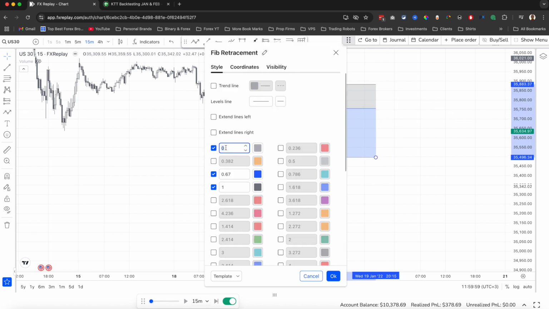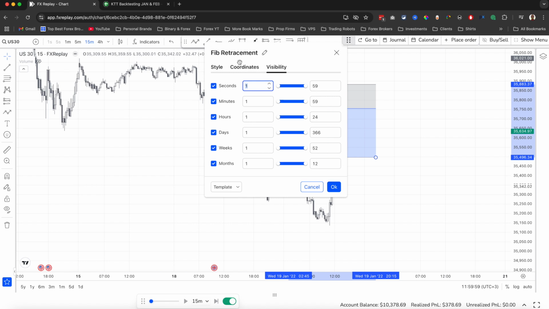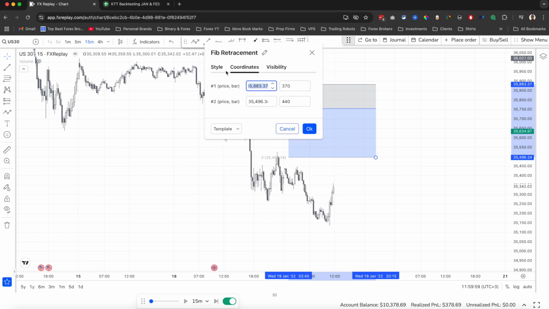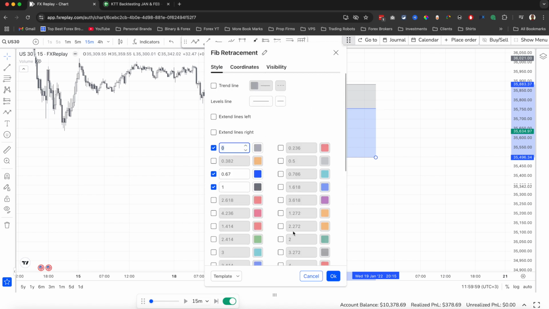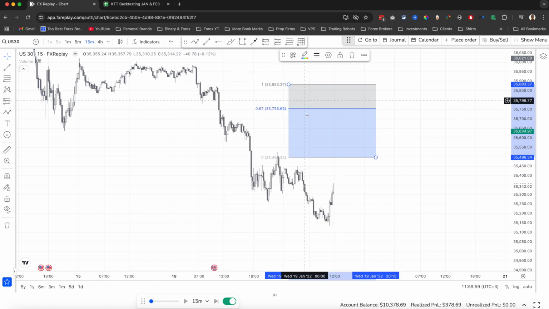For 0, you place 0, then 0.67 and 1. We only need 3, right? And then you can play with the colors and the visibilities, right? You can play with the coordinates, colors, and visibilities, but the main settings that I want you to do are 0, 0.67, and 1. Okay, so then you get something like this.